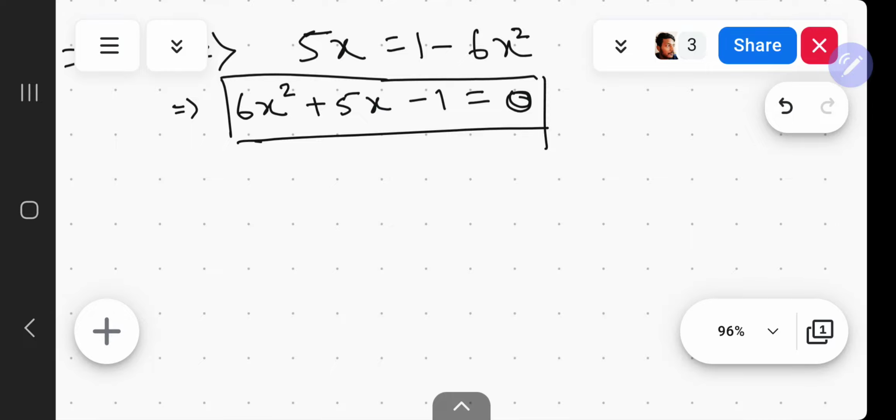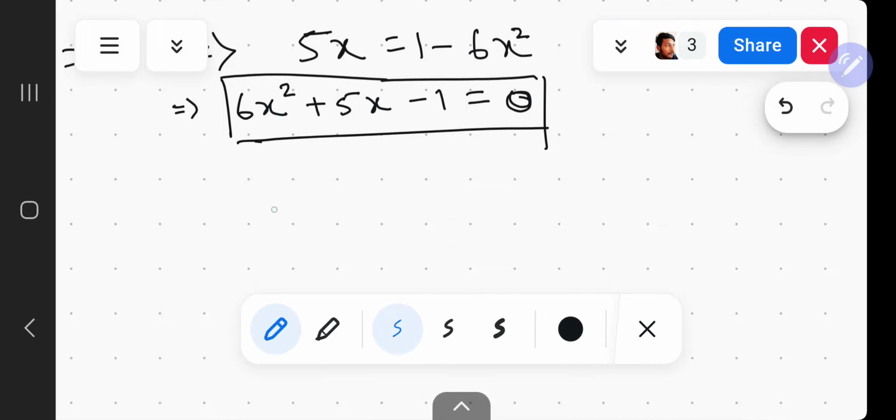Minus 1 and 1/6. Okay, that's correct. So both of them are the values. Can you tell me again? Negative 1 and 1 over 6. Okay.